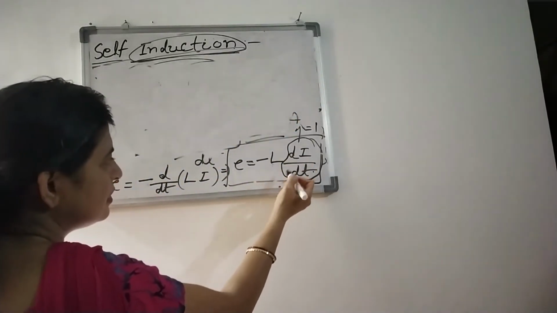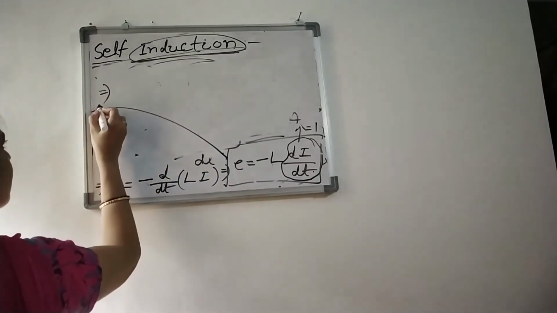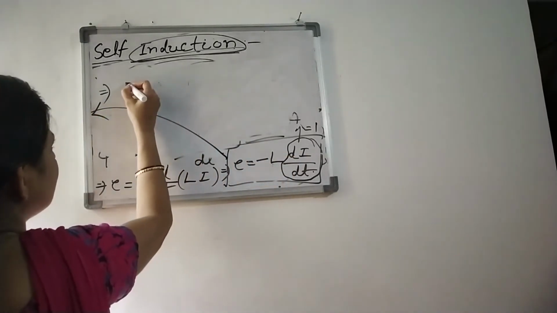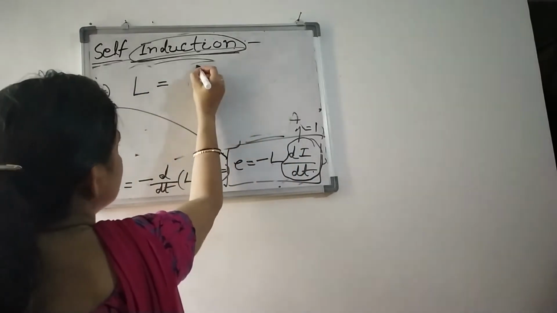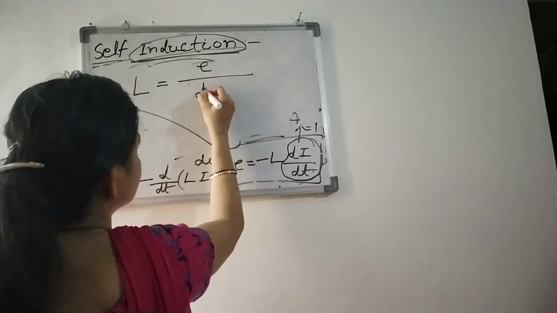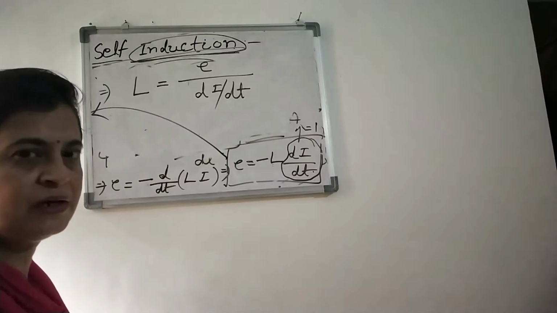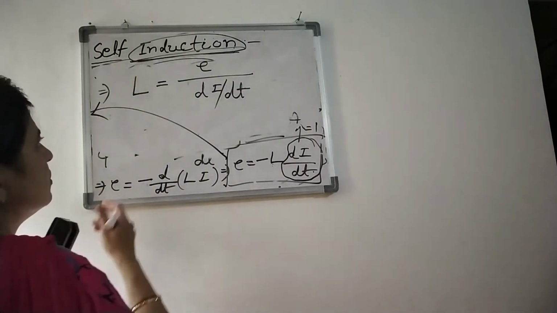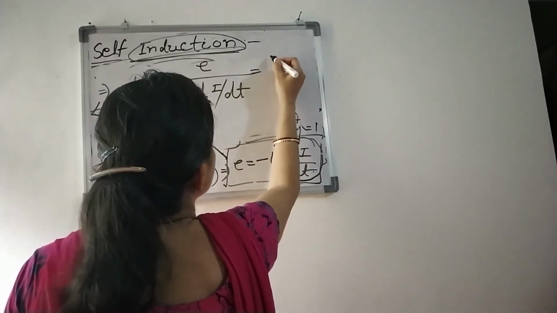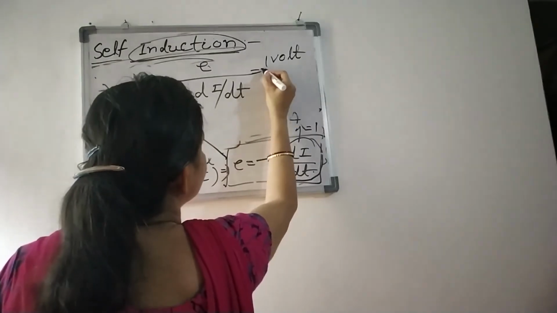Now, from the relation E is equal to minus L di by dt, you can write L is equal to E divided by di by dt. Now you can find the unit of self-inductance. EMF is equal to 1 volt. Put the unit of each and every quantity.